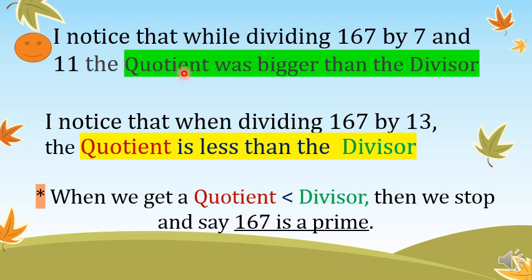Because the quotient was bigger than the divisor. I then divide it by 13. There is also a remainder, but the quotient was less than the divisor. So I stop dividing, and therefore 167 is a prime number.